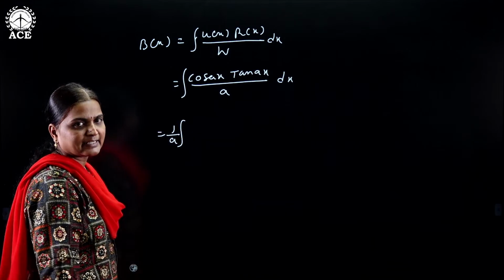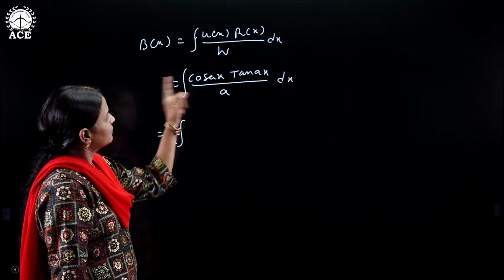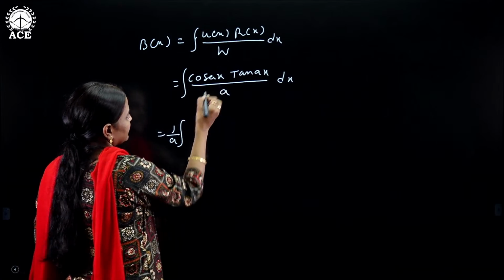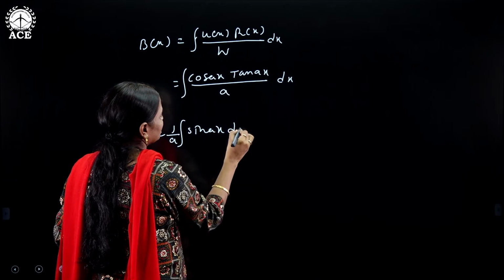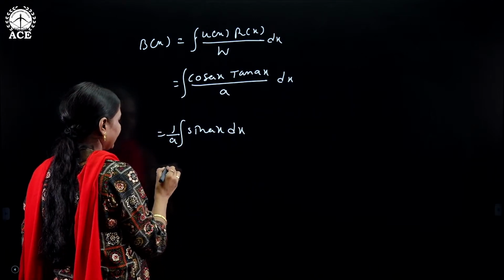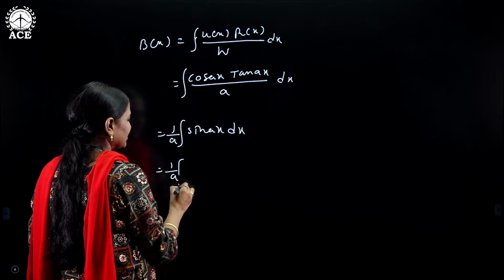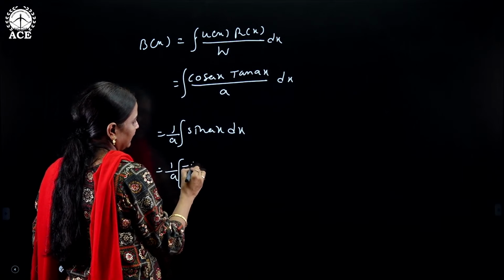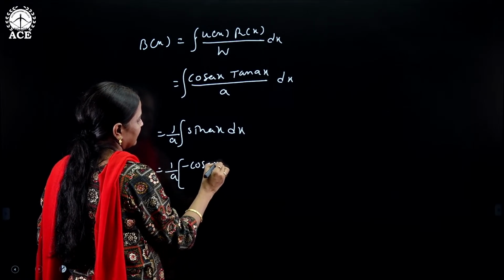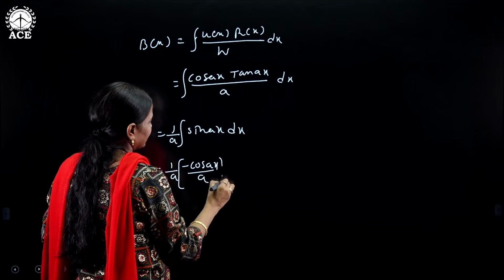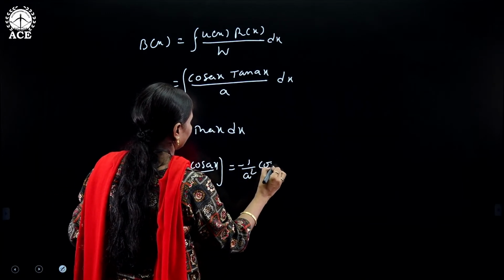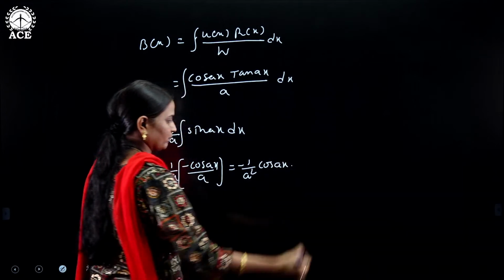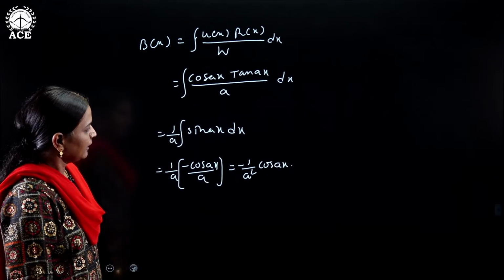Now here tan ax can be written as sin by cos. Cos gets cancelled, so we get only sin ax into dx. What is integration of sin ax? Integration of sin ax is minus cos ax by a. So what is the B value? That is equal to minus 1 by a square into cos ax. So this is the B value.